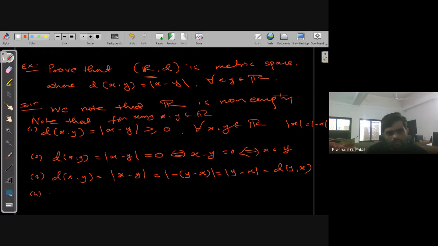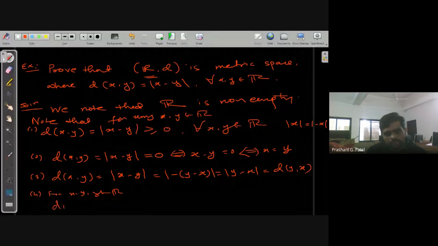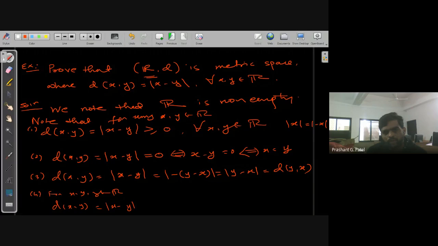And fourth one, for any x, y, z belongs to R, the distance between x and y is |x − y|.